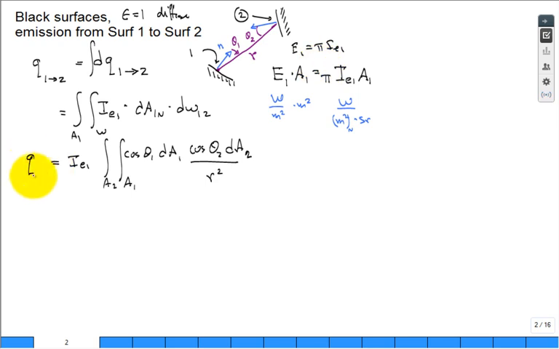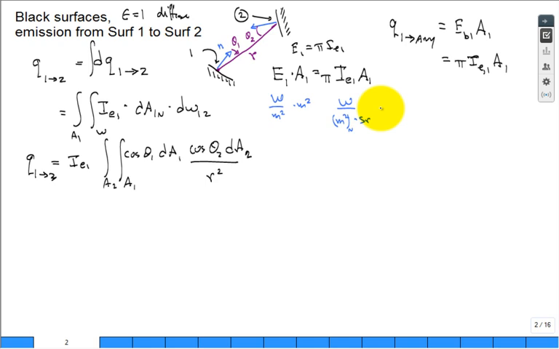This is what is Q1 leaving 1 and going to 2. Over here, what is Q that leaves 1 and goes to anywhere? Anywhere in the enclosure. Isn't that going to be E sub b1 times A1, which is, now I can use it as pi times the intensity of emission of surface 1 times A1? Yeah, that's true.